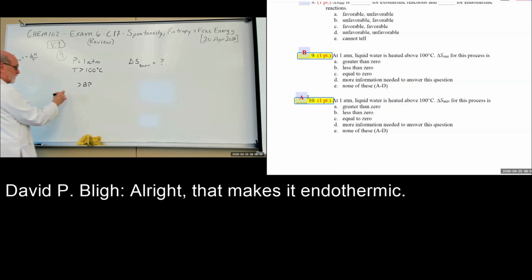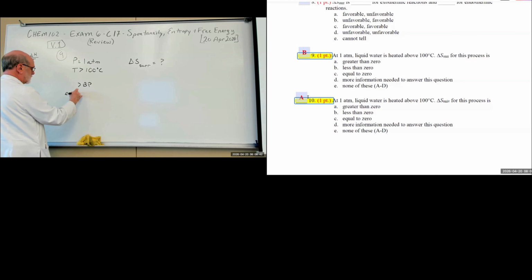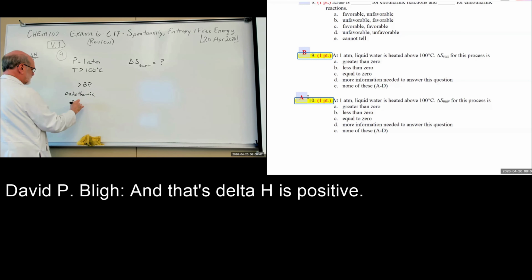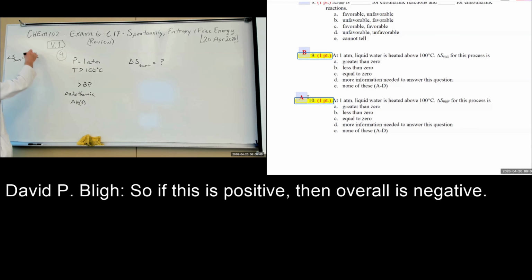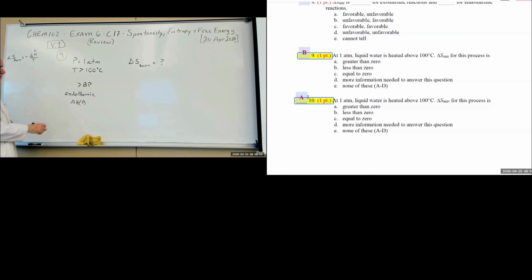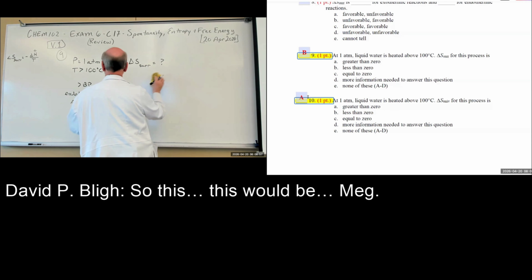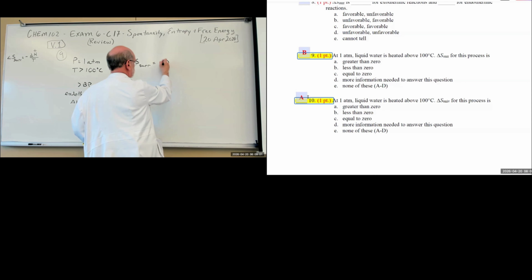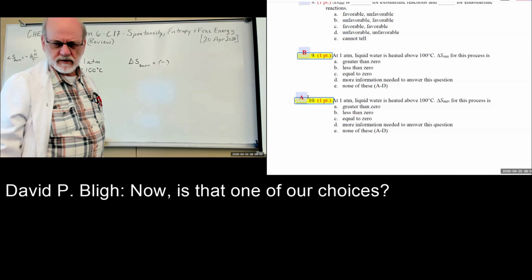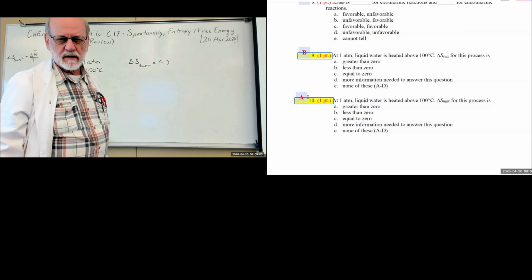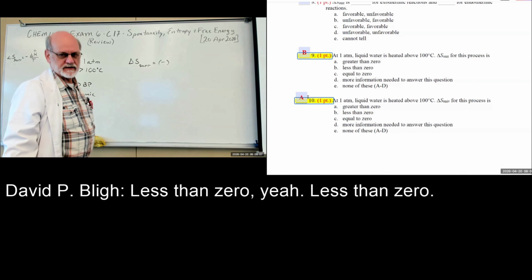That makes it endothermic, and delta H is positive. So if this is positive, then overall is negative. Now, is that one of our choices? Less than 0. Yeah, less than 0.